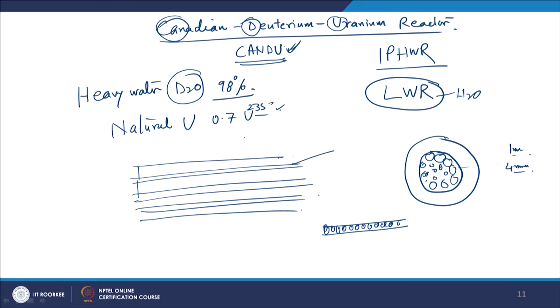In the void space between these pins, the heavy water, that is D2O, flows, and because fission is taking place, the fission heat generated in these pins is transmitted to the heavy water, and part of the water is converted into steam.